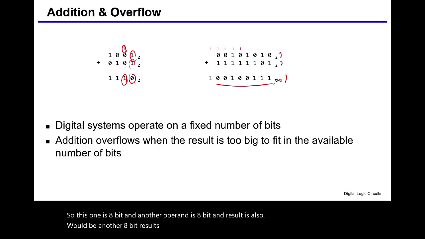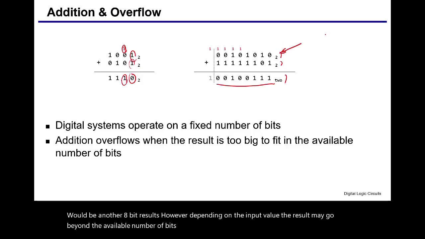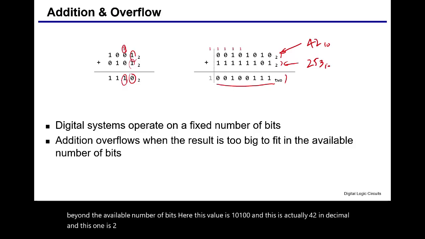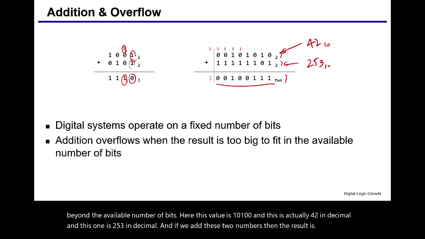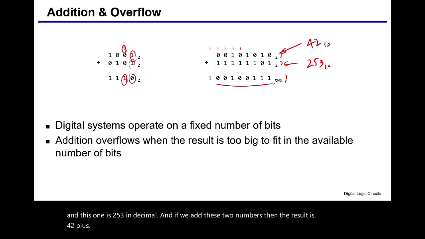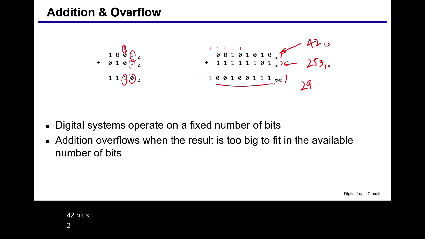However, depending on the input values, the result may go beyond the available number of bits. Here, this value is 42 in decimal, and this one is 253 in decimal. If we add these two numbers, the result is 42 plus 253, which is 295, and this cannot be represented using just 8 bits.